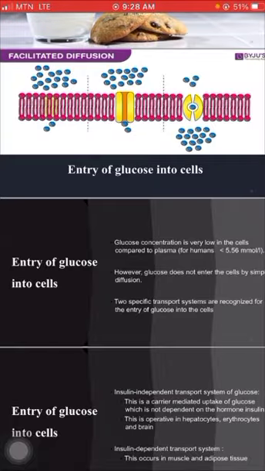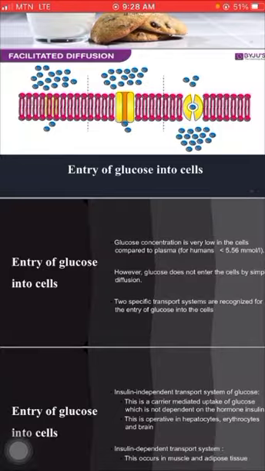But the glucose molecules are more in the plasma as compared to the cells. And you know that substances like to move from where they are highly concentrated to where they are lowly concentrated. So most of the glucose molecules want to move from the blood into our cells.